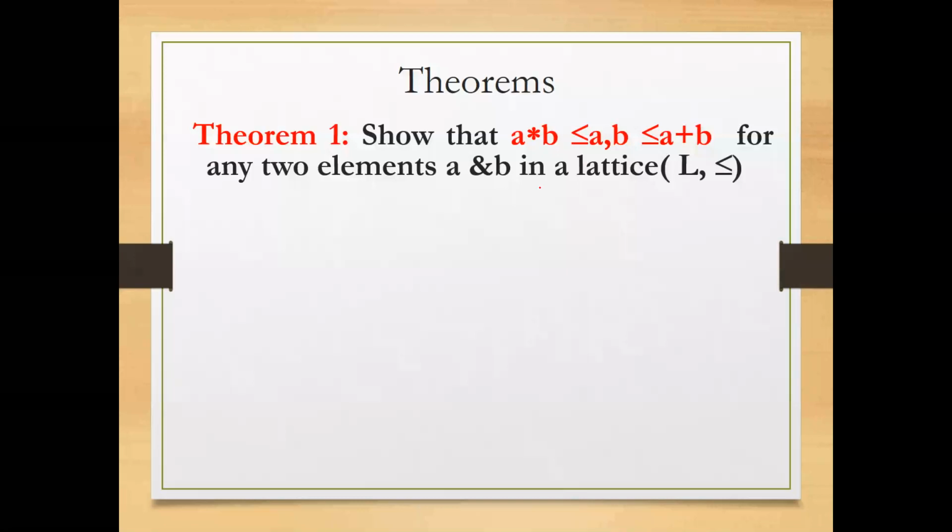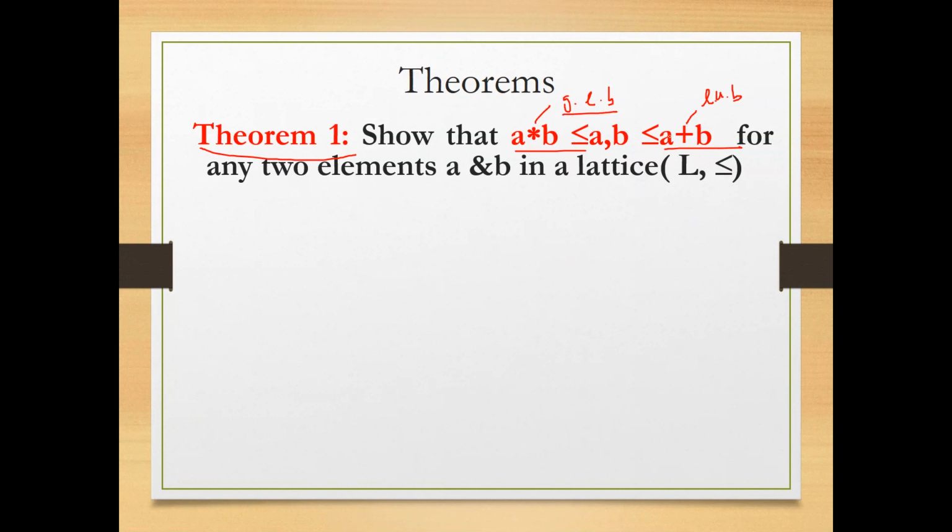So as mentioned in this theorem, A star B, it should be clear to you it is talking about the greatest lower bound of A and B. And in this we have used the symbol plus, so that means we are talking about the least upper bound. That does not mean you have to multiply the elements or you have to add the elements. So star means the greatest lower bound and plus means the least upper bound.